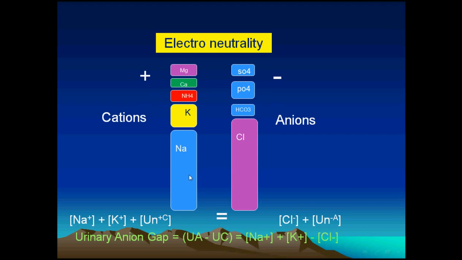Sodium can be measured routinely, potassium can be measured routinely, chloride can be measured routinely, but the rest are not routinely measured. Hence comes the study of this monitor. Urinary anion gap is the difference: potassium plus sodium minus chloride.